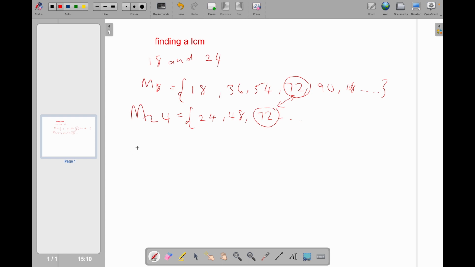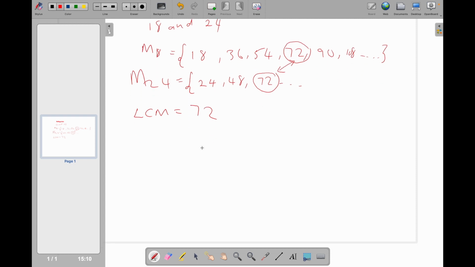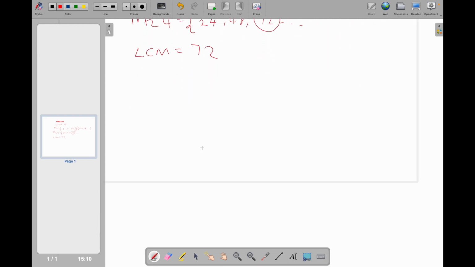So the lowest common multiple here is 72. And this method, if you look closely, is almost like the first method we used when we were talking about the highest common factor.